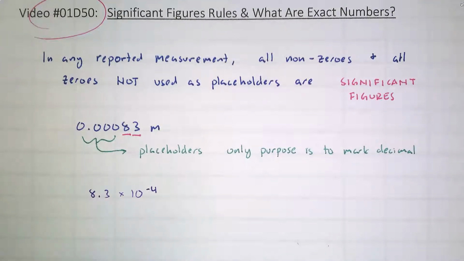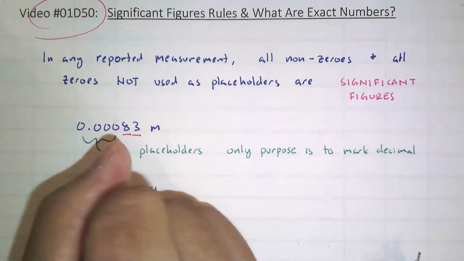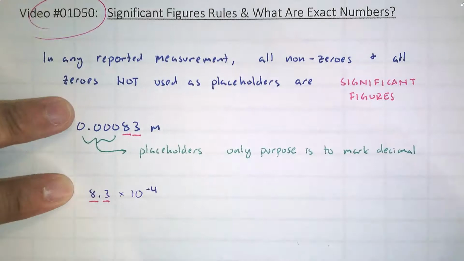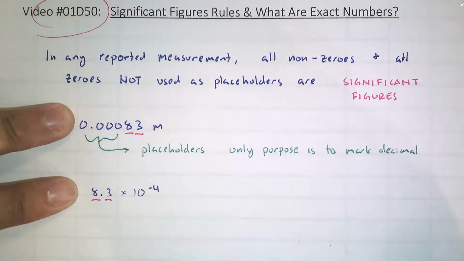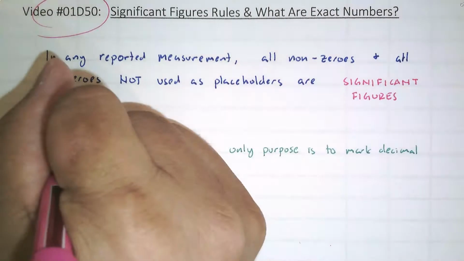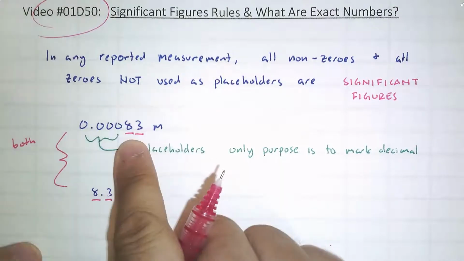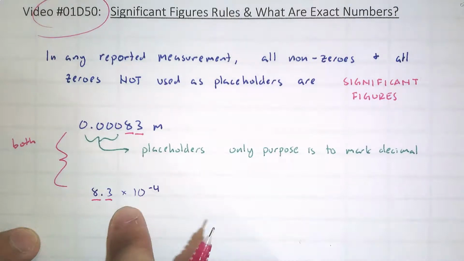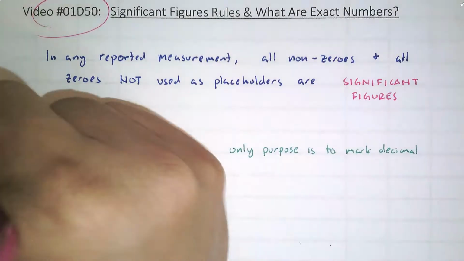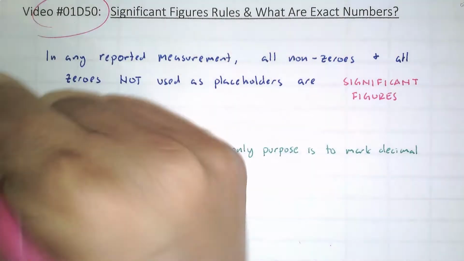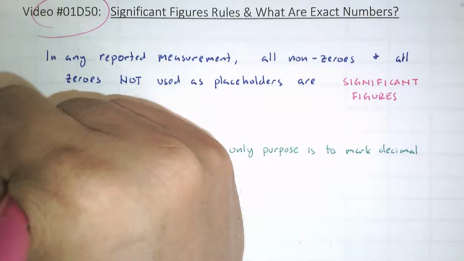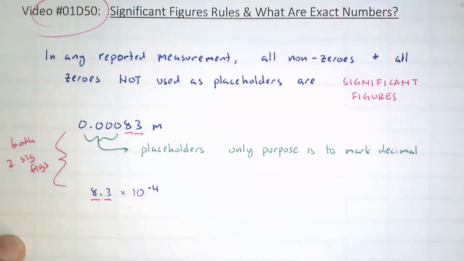So there are your two significant figures. So both numbers represent only two significant figures, whether you express it as a decimal or as scientific notation. And we'll just use the abbreviation sig figs. There are two sig figs.